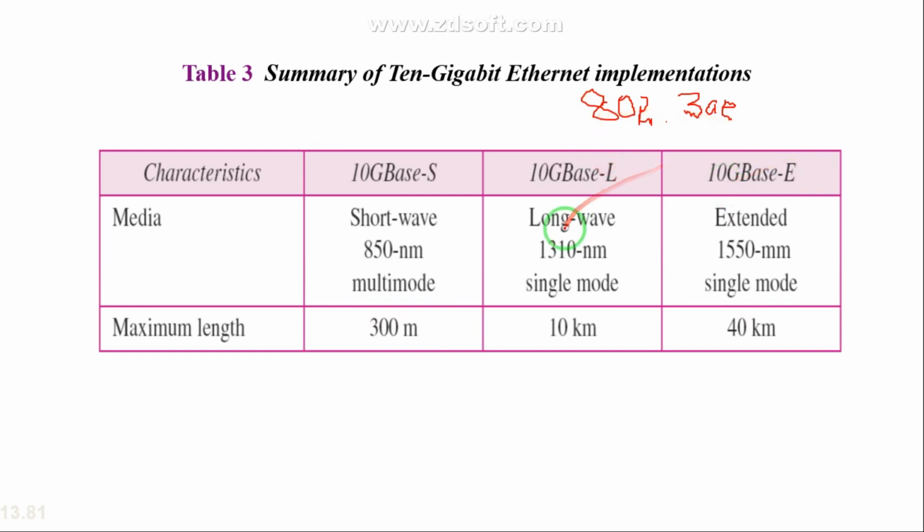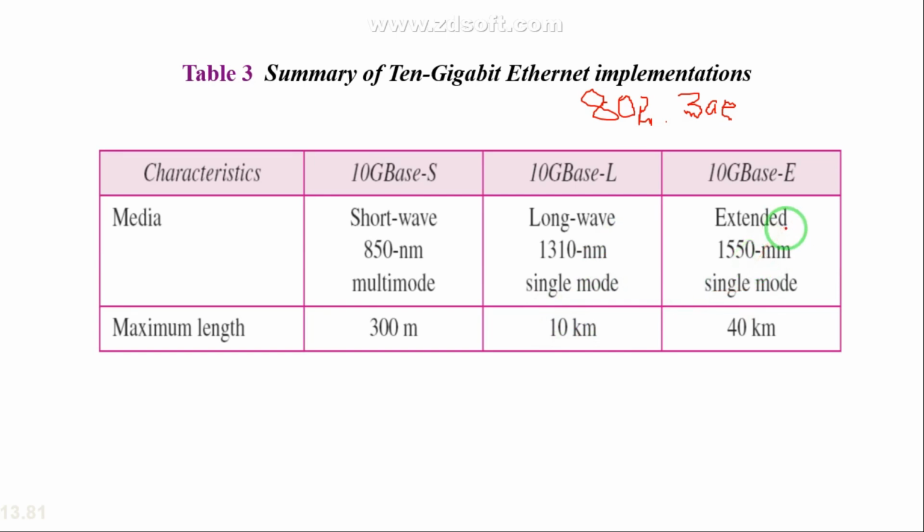So you can see this implementation, that is 10GBase-S, which is a shortwave 850 nanometer multimode. Maximum length is 100 meter cable, and the number of wires is two. And second, it is 10GBase-L, that uses a long wave 1310 nanometer, and it approximately covers a range of 10 kilometer for single mode.